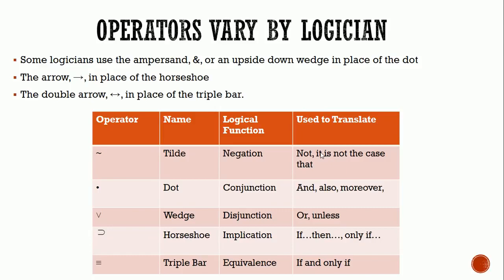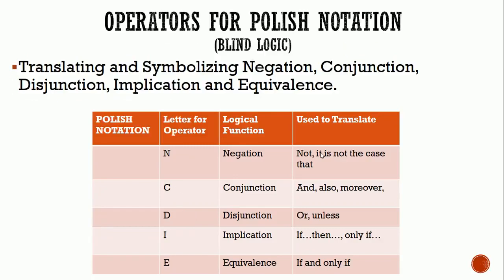So Hurley doesn't use those, he uses these, so just be aware of when you're outside of this class, or if you're using other sources to help you, you'll just have to translate, instead of a horseshoe, the arrow, instead of 3 bars, double arrow, and an and or an upside down wedge in place of the dot. Sound good? All right.